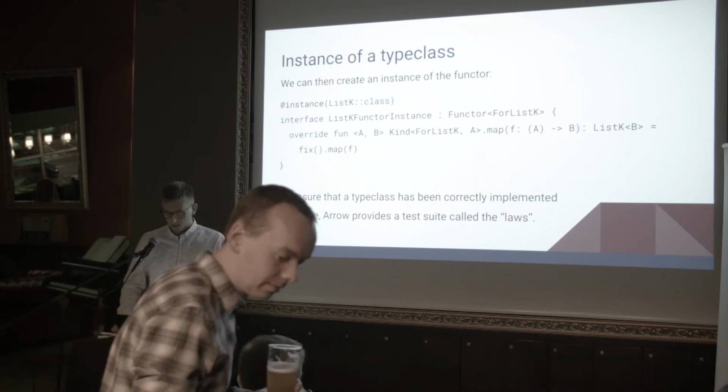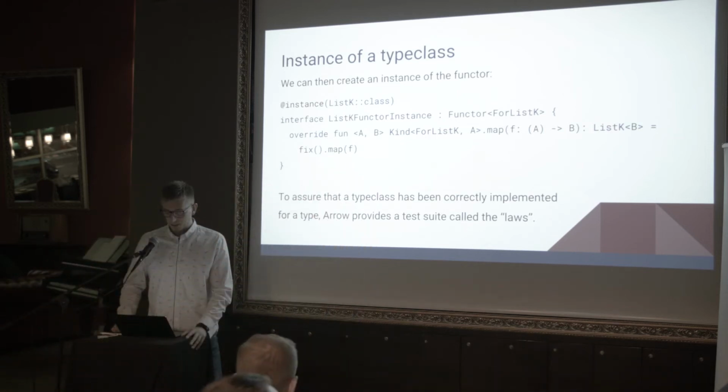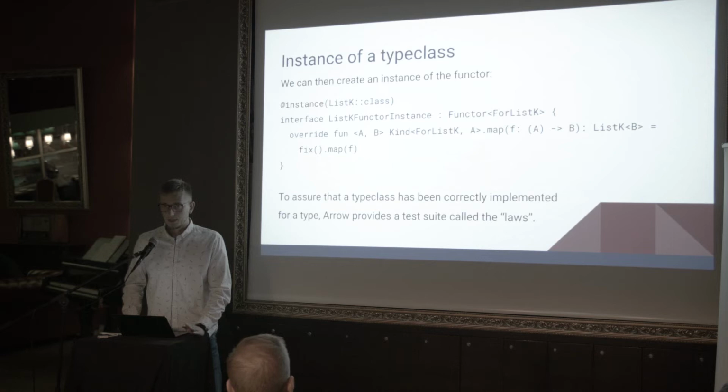So we annotate an interface which extends Functor with the instance annotation, and we basically override the map function, in this case with map from ListK type. We can check if we correctly implemented the type class, because Arrow provides a test suite called laws, and we can simply execute these tests and check if everything is all right.